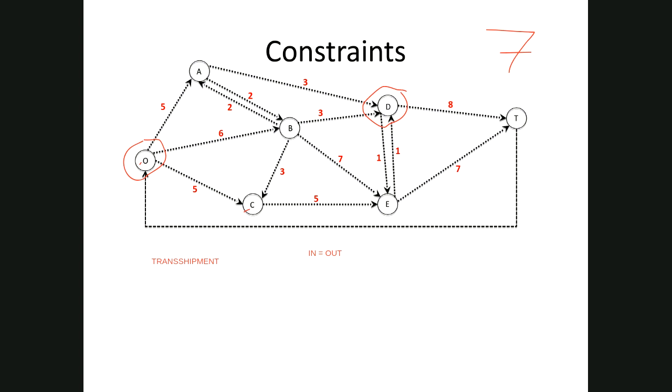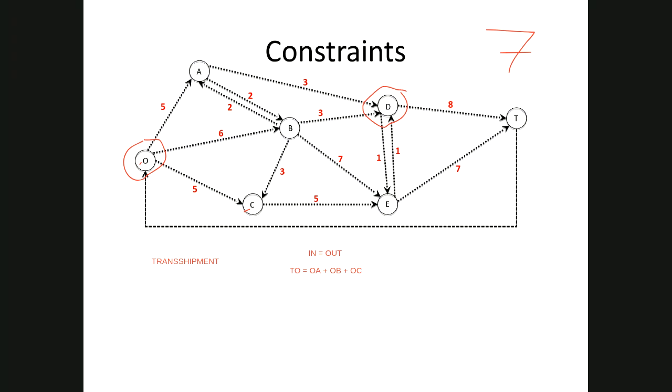And for D, you'll notice there are 3 pipes going in and 2 pipes coming out. What's going in? A to D, B to D, and E to D. And what's going out? D to E and D to T.